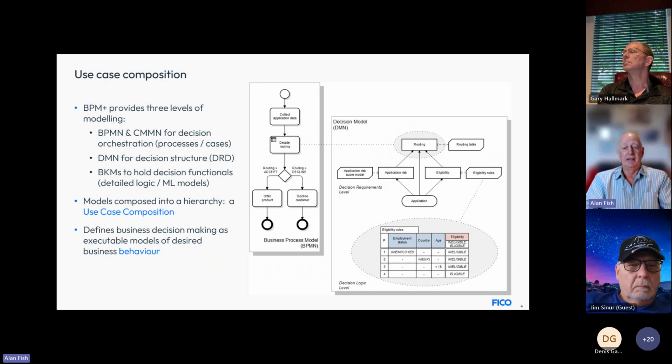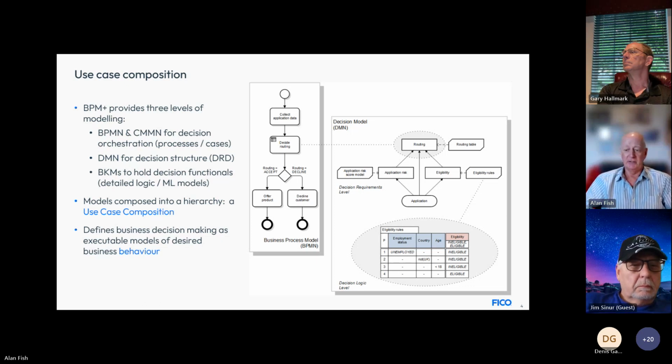Essentially, we have orchestration models, and especially business process models modeled in BPMN. We have a level that describes the structure of decision making in the decision requirements level of DMN. And we have decision logic, which is maybe expressed in FEEL or as other sorts of functionals, which is encapsulated in the decision model as a BKM.